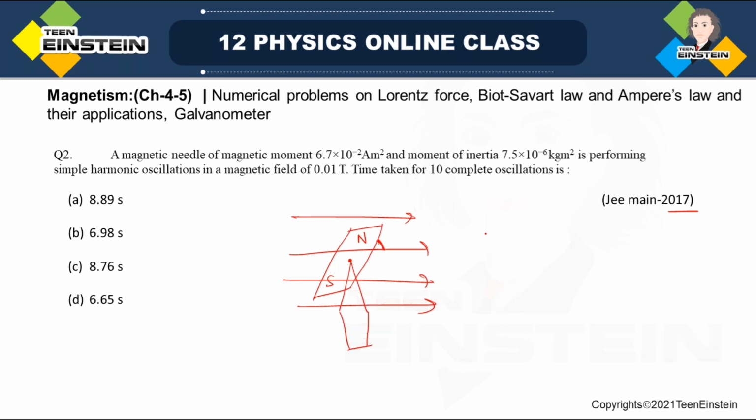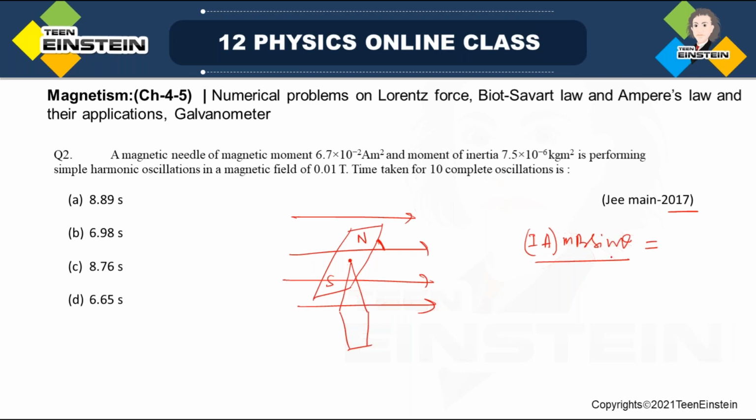The torque will be given by I into A, which is m cross B, so mB sine theta. This is the torque.